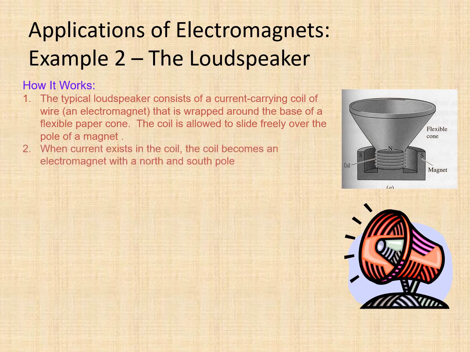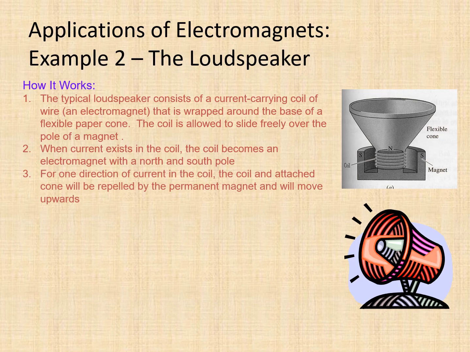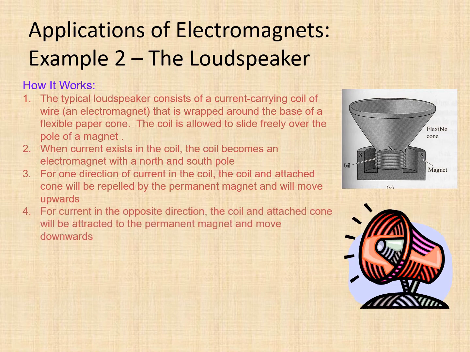When a current exists in the coil, it becomes an electromagnet with a north and south pole. For one direction of current in the coil, the attached cone will be repelled by the permanent magnet, and it'll make it move upwards. And you can guess that when the current is in the opposite direction, the coil and attached cone will be attracted to the permanent magnet and will move downwards.